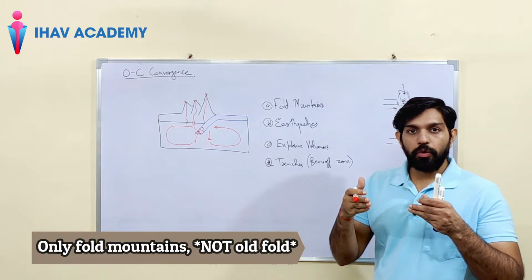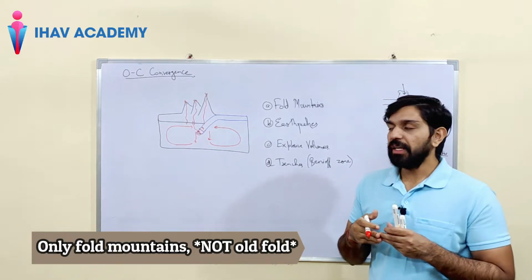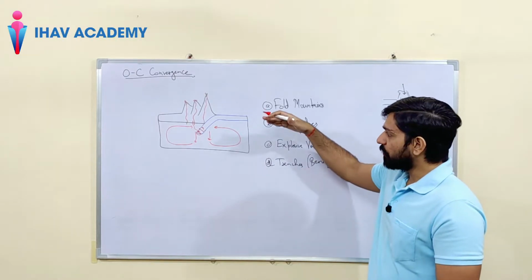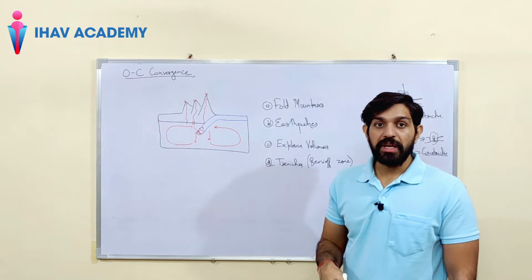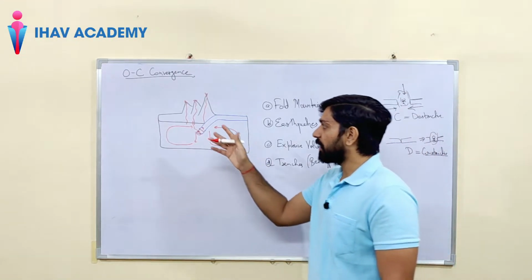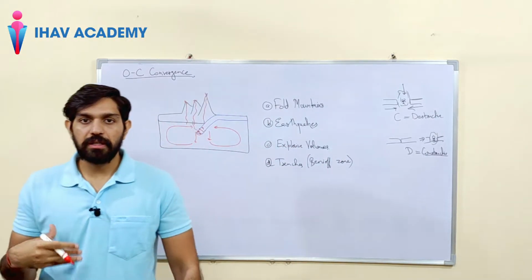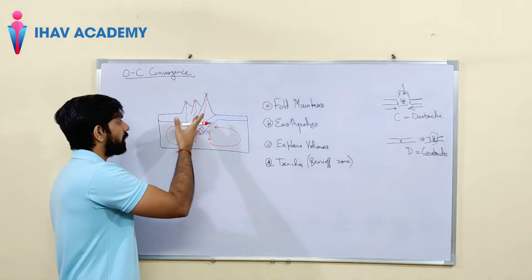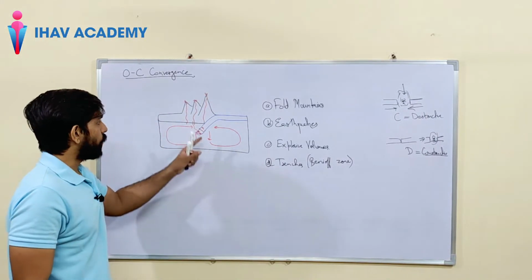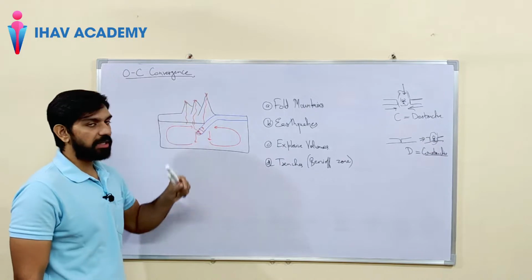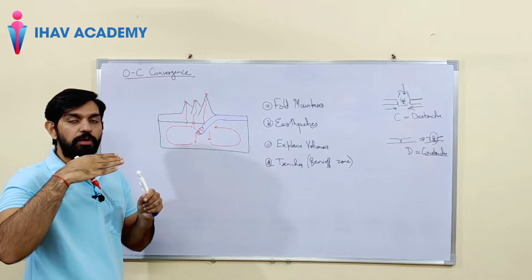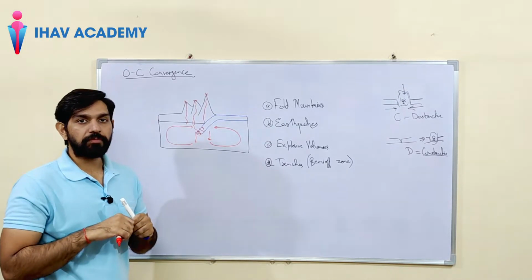Due to the collision of these two plates. It is not like that the moment or the instant they collided, this oceanic plate will subduct. No, it will offer some resistance to the continental plate, and this resistance will create the foldings in the Earth's crust, and now these are called as old fold mountains. So hence the old fold mountains have been created. After offering some resistance, the oceanic plate will subduct.